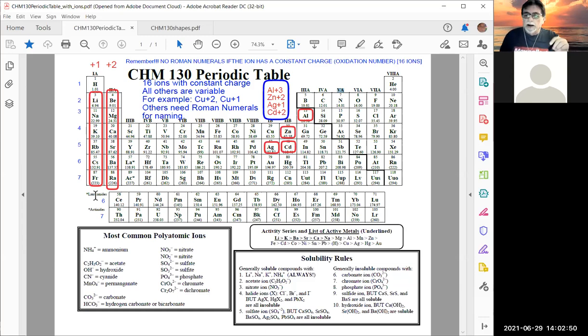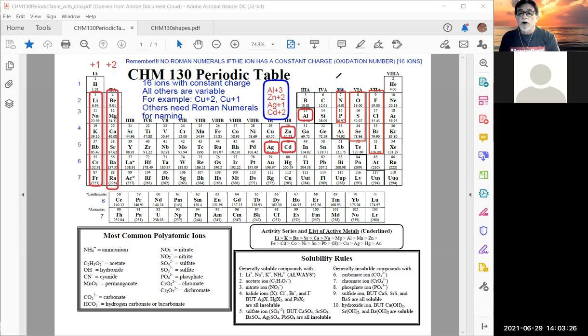Now, at the other end of the spectrum, when we're talking about the monatomic ions, nitrogen, phosphorus, oxygen, all the way down here, the ones I've highlighted here, you know 100% of the time, and if you don't, you should know, what their charge is.